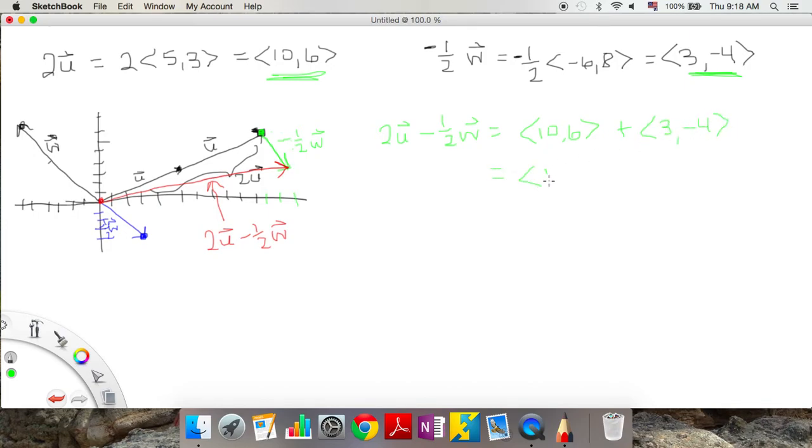So we add the real parts and add the imaginary parts, and we end up, if we see here, this point right here ends up at 13, 2. Count it off. You use straight edge and graph paper and you'll see that that's exactly where we ended up. So again, you can do it analytically, but you can also do it graphically, and you need to be able to do it both ways.